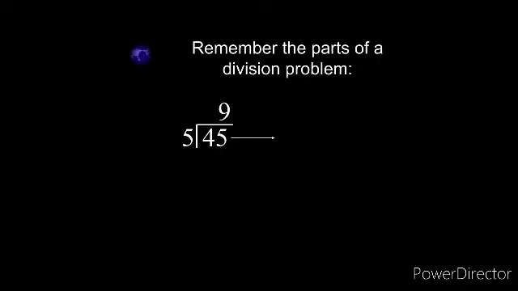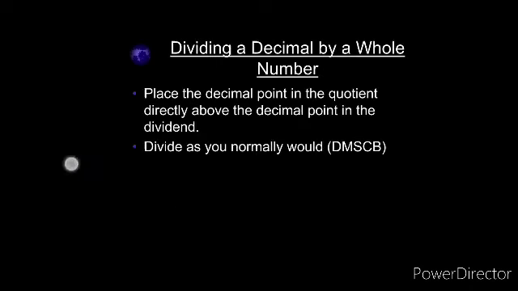Now the 45 is called the dividend, while the 5 is called the divisor, while the answer, which is the 9, is called the quotient. Okay, so let's start. First, we will divide a decimal by a whole number. So it means the divisor will be a whole number and our dividend will be a decimal number.